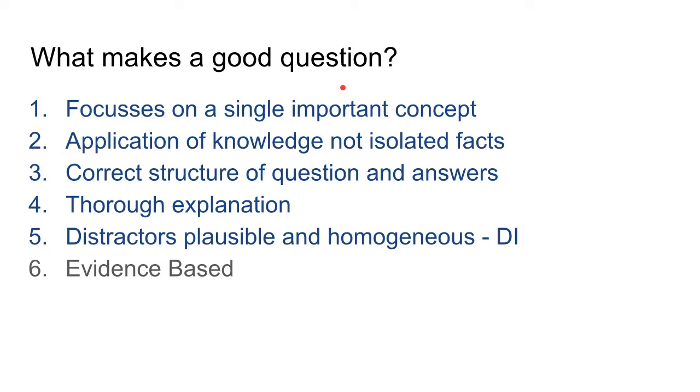So we talked about distractors. I'll just touch on discrimination index. That's a statistical analysis of questions that tells you how good of a question it is. And that's what we do at Board Bank. We're going to have a statistical analysis. It basically divides test takers into two groups. You have the low group, which is scoring low, and then you have the high group, which is scoring higher.